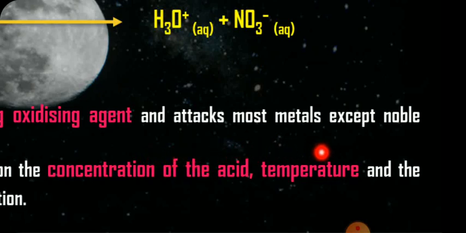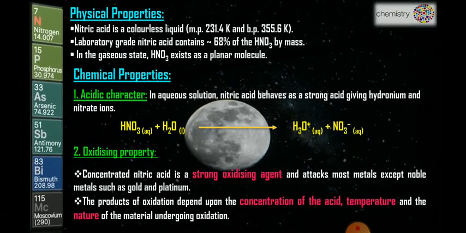The temperature will decide the formation of product, as well as the nature of the material undergoing oxidation. That also decides the oxidation product. So what can we say? The formation of a product when nitric acid is used as an oxidizing agent depends upon the concentration of acid, temperature, and the nature of the material undergoing oxidation.